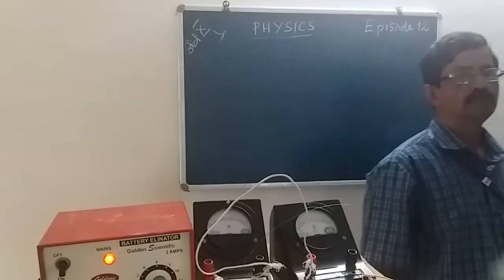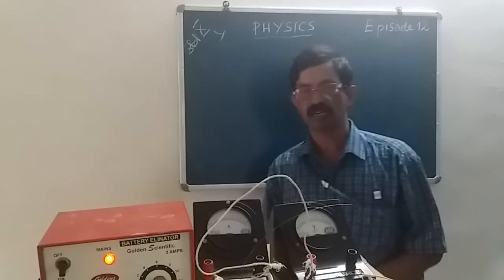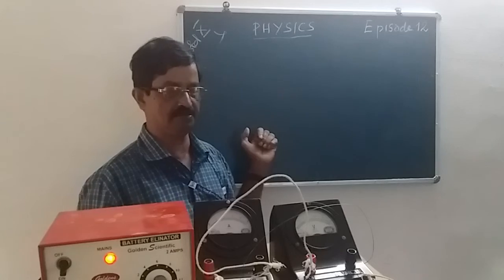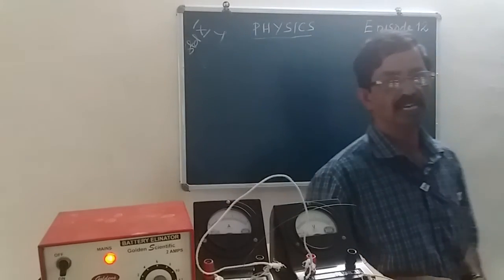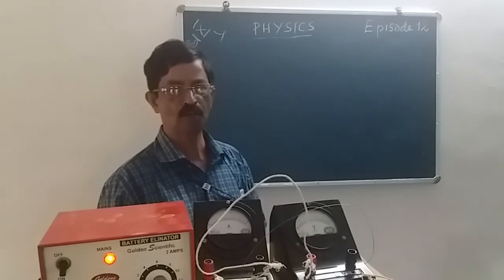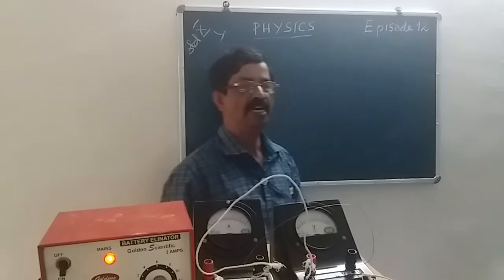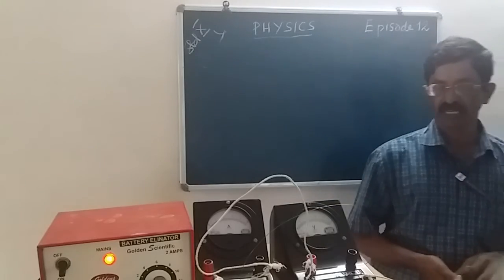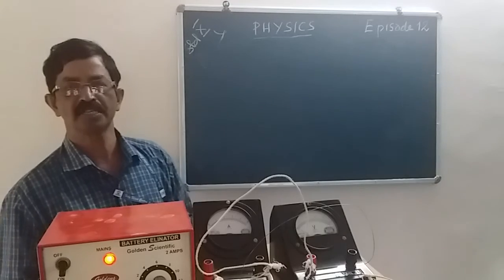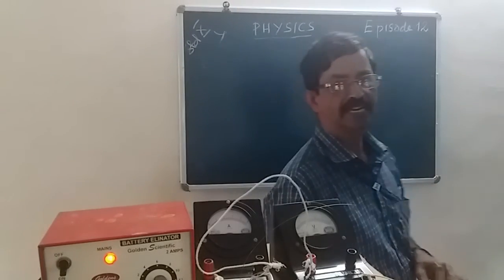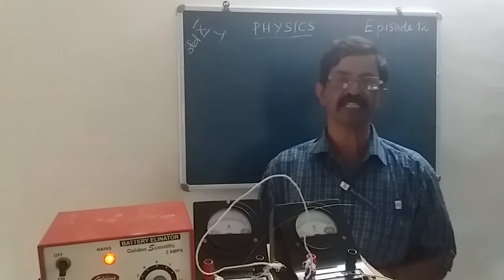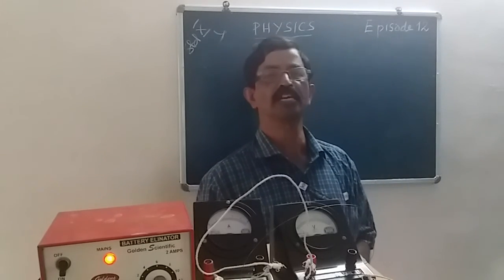Now we can recall the points we discussed today. Mainly we discussed Ohm's law. Very important one is Ohm's law. What is the statement of it? Under a constant temperature, current through a conductor is directly proportional to the potential difference.